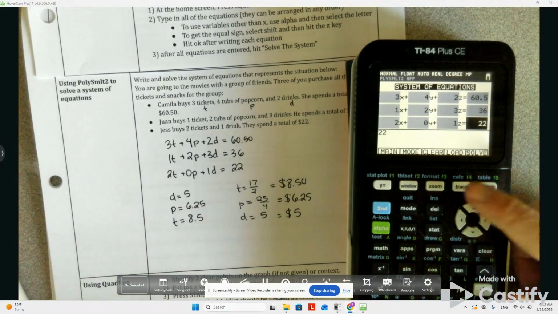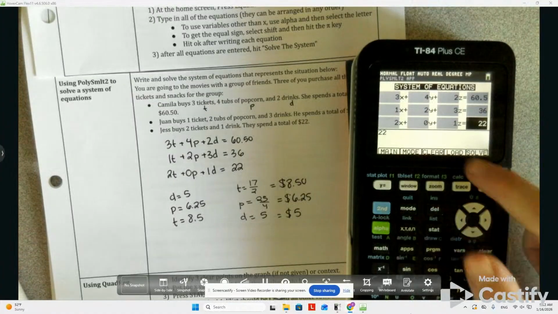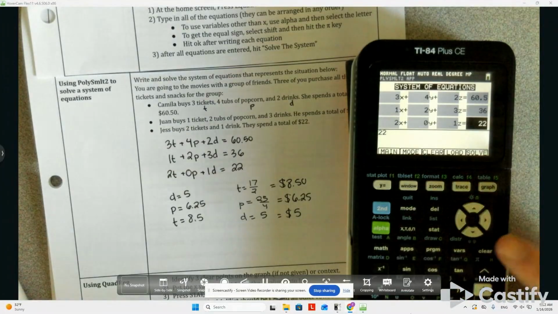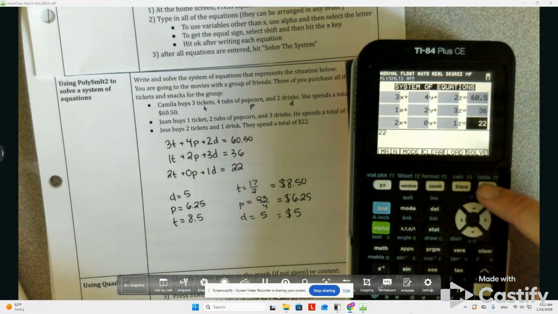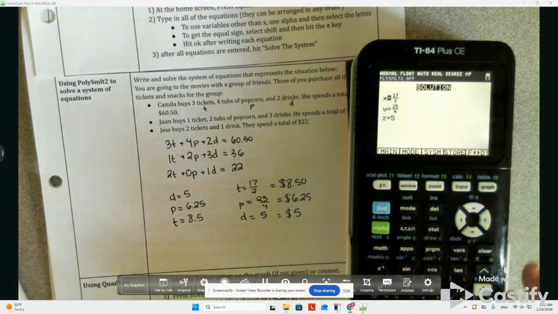And hit enter before we solve, so it makes sure to save that last variable. Let me just double check. 3, 4, 2, 60.5, 1, 2, 3, 36, 2, 0, 1, 22. All right, and solve. There we go. Same things as here.